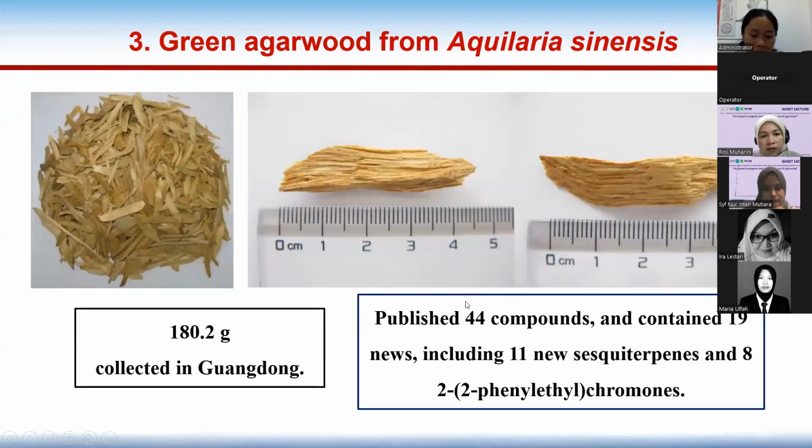And the third sample is also a wild agarwood from Aquilaria sinensis, but we call it green agarwood. The name green agarwood comes from the color of the agarwood. Look at the sample.